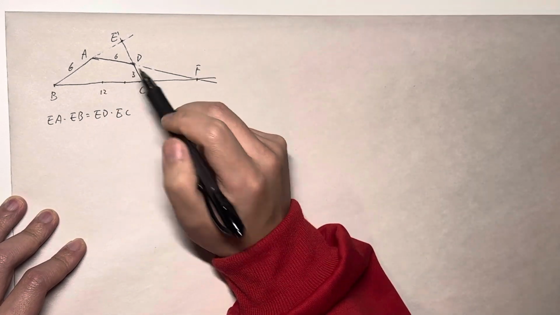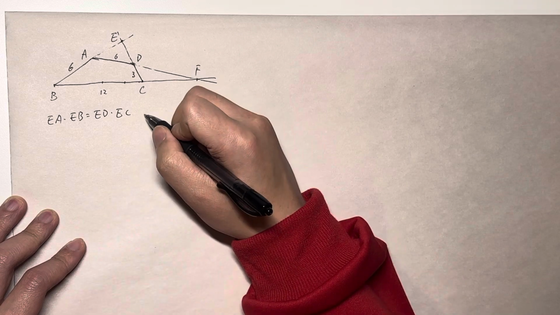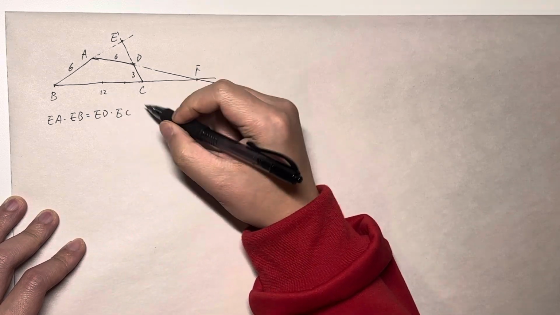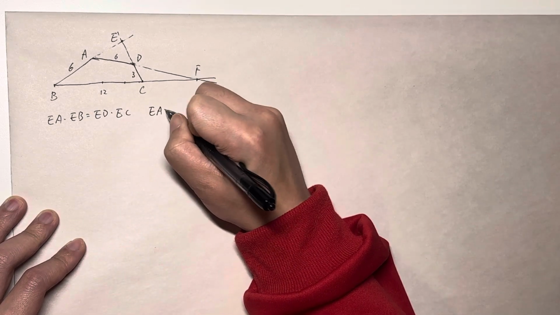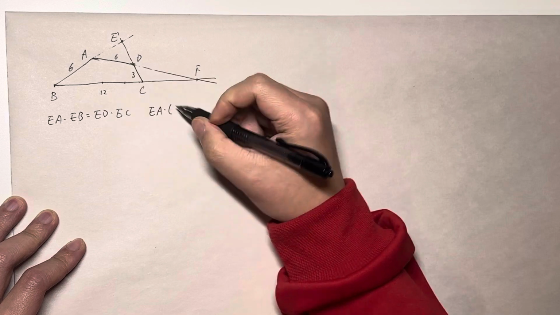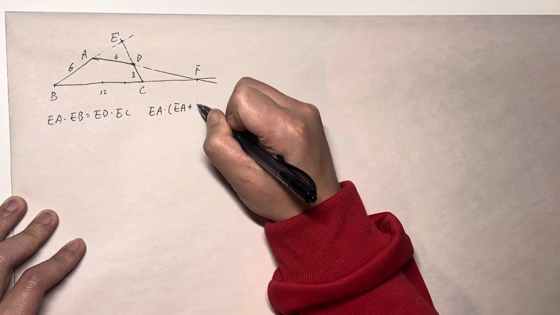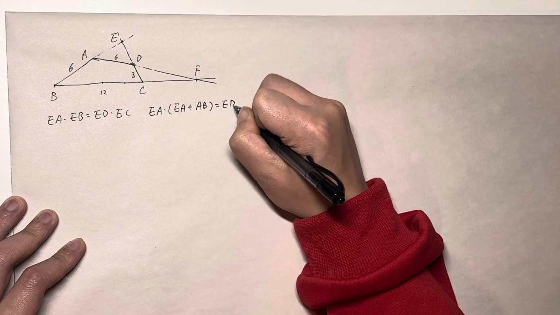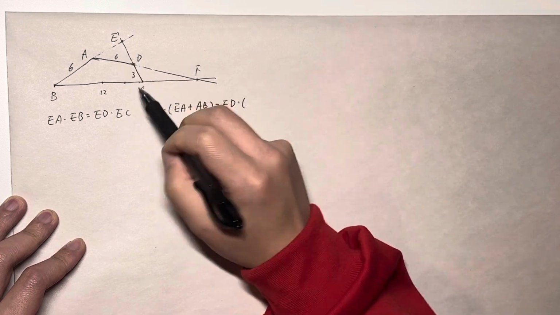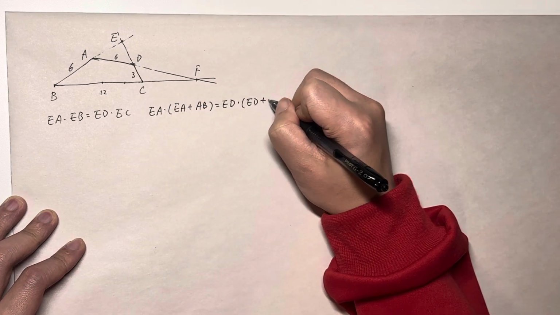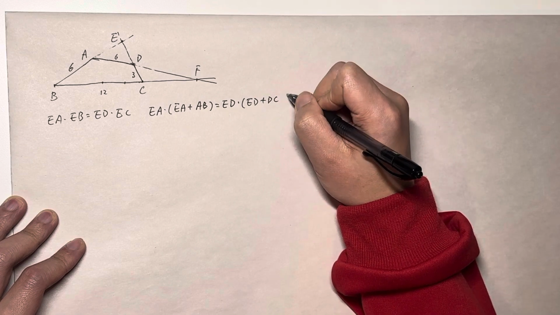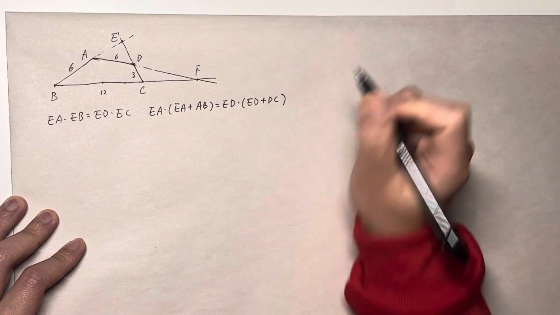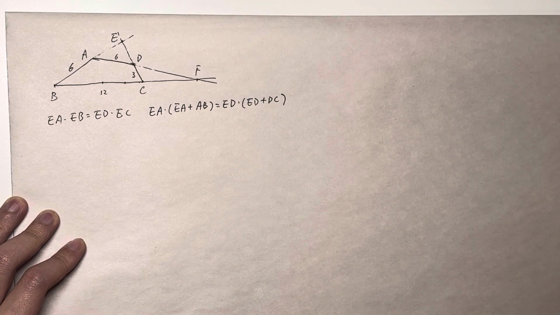Because ABCD is a cyclic quadrilateral, which means we can rewrite this as EA times EB, which is EA plus AB, equals ED times EC, that is ED plus DC. Right.